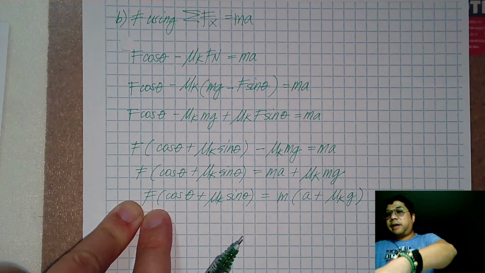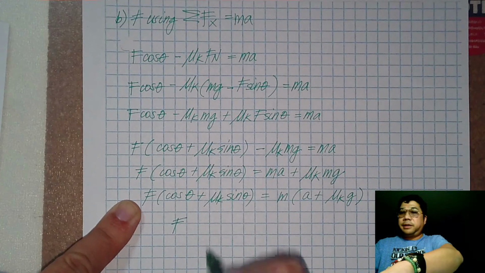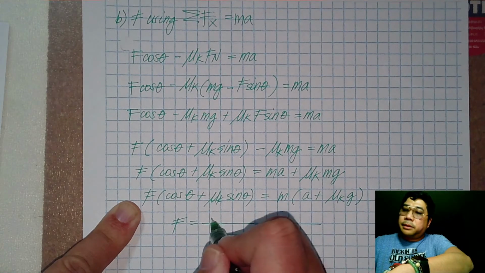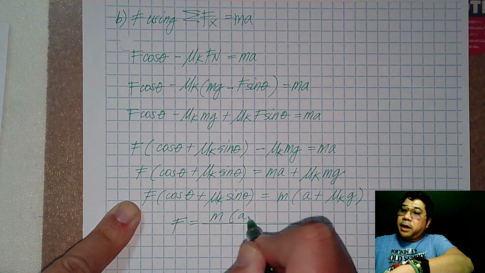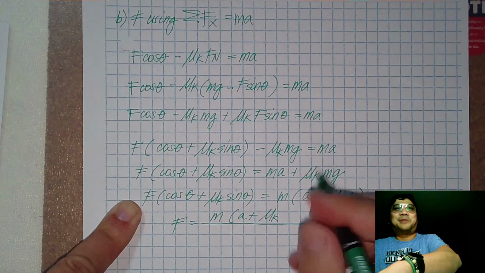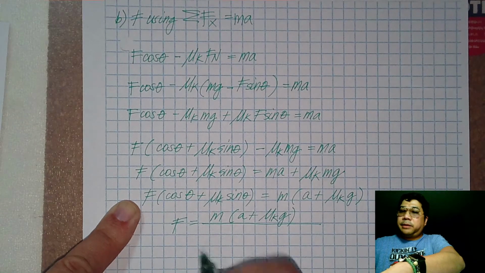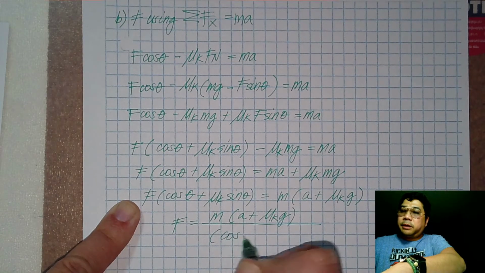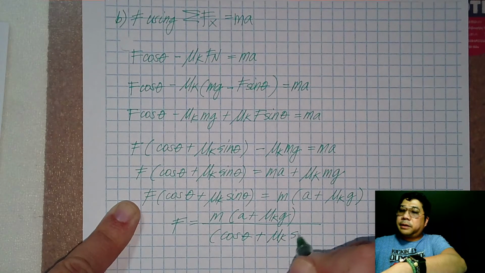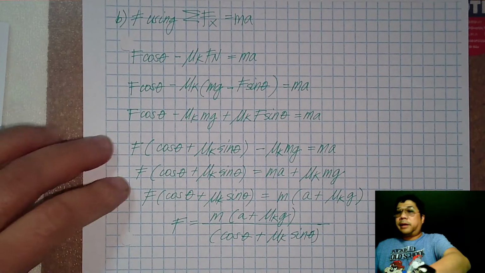So let's divide both sides by this coefficient of F. So we can say that F is simply equivalent to m multiplied by a plus mu, the coefficient of kinetic friction, multiplied by g, divided by cosine theta plus mu k sine theta. So this will be our answer for letter B.